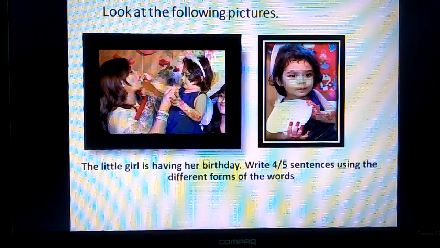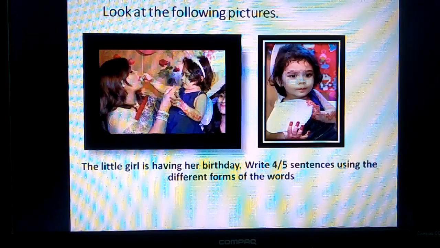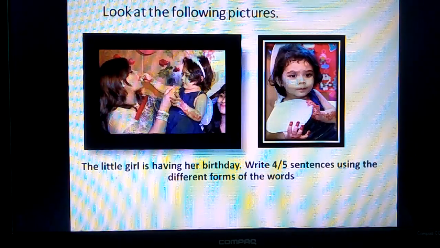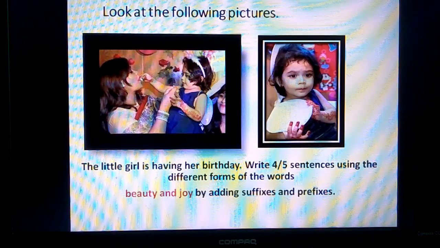Yes, the little girl is having her birthday. Write 4 or 5 sentences using the different forms of the words beauty and joy by adding suffixes and prefixes like beautiful, enjoy. Okay, make 4 or 5 sentences with the words beauty and joy.